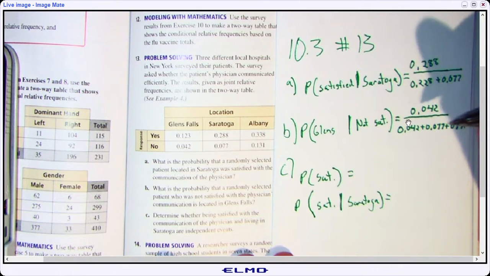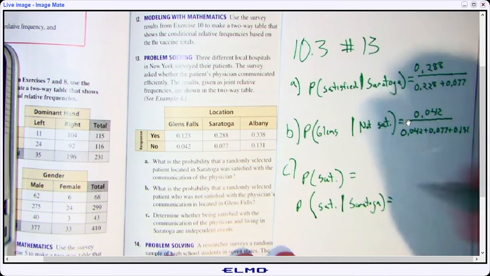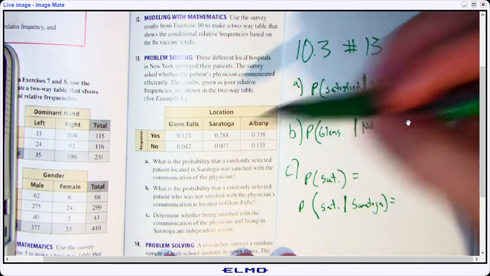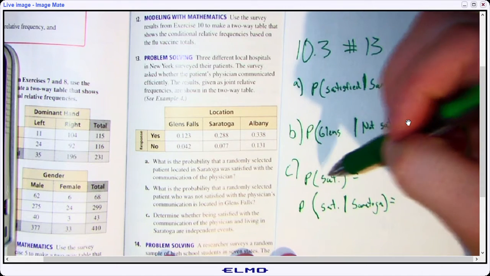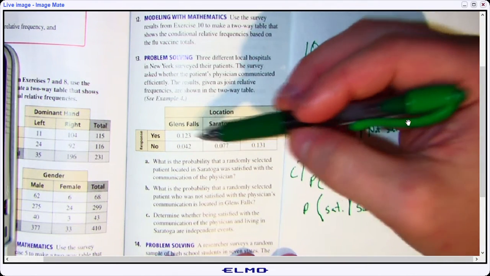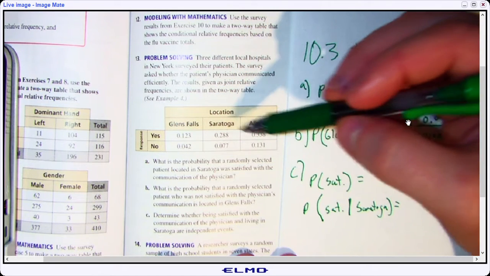So we just have to figure each one. All right, so let's do this. We have to look at the probability that they were satisfied. Well, the probability that you were satisfied is just all three of these satisfieds added up.